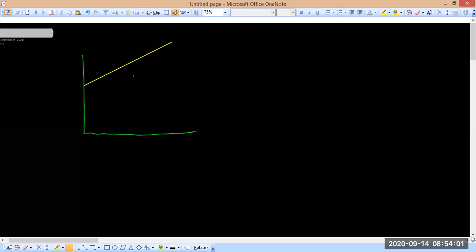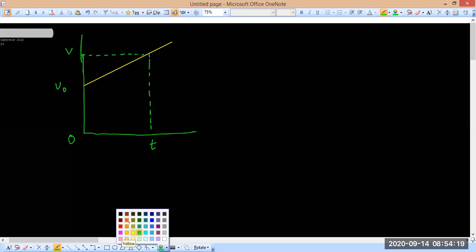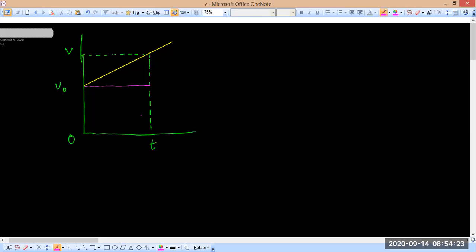So what we have is a graph like this. Here this is the initial velocity v0 at time 0, and then there is another point here when time is t, and here the velocity is v. Now we have divided this trapezium into two parts, one triangle and another rectangle.